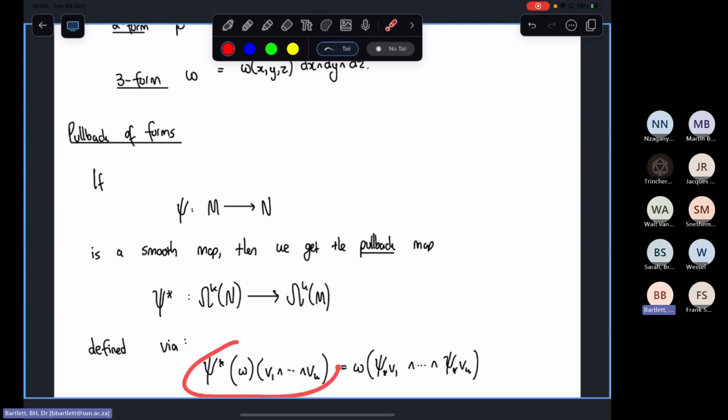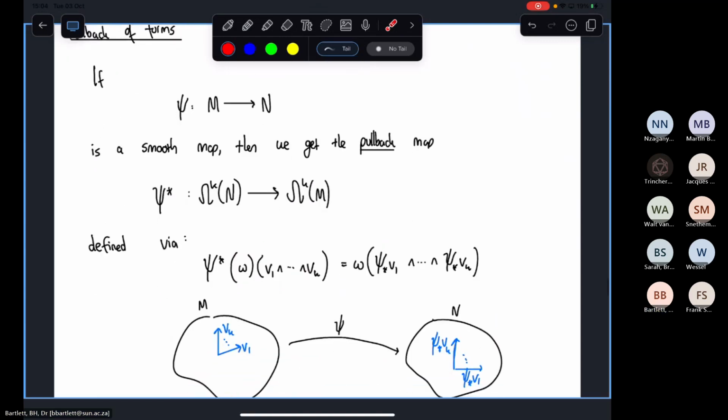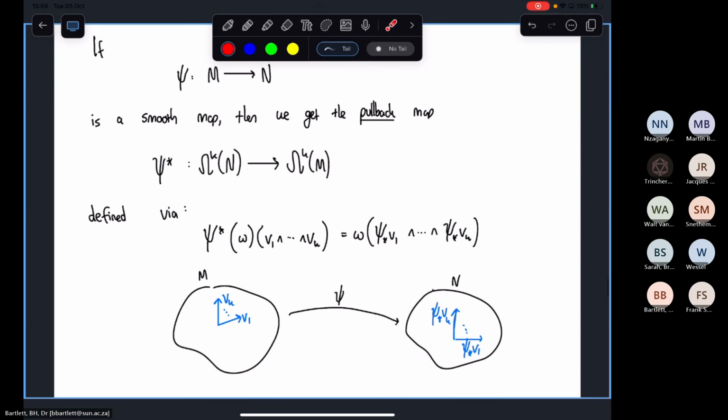And the number that I'm going to spit out is defined as follows. I take the push forward of those vectors along the derivative of psi, and then I apply omega to that wedge product. In terms of the pictures, I need something which eats up a wedge of vectors in M and spits out a number.